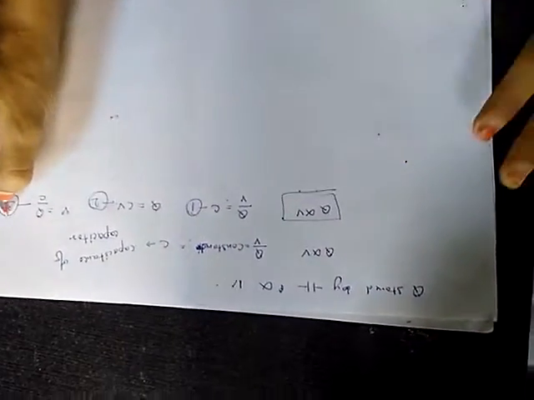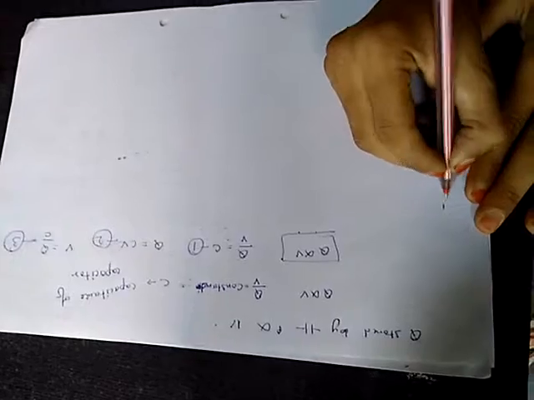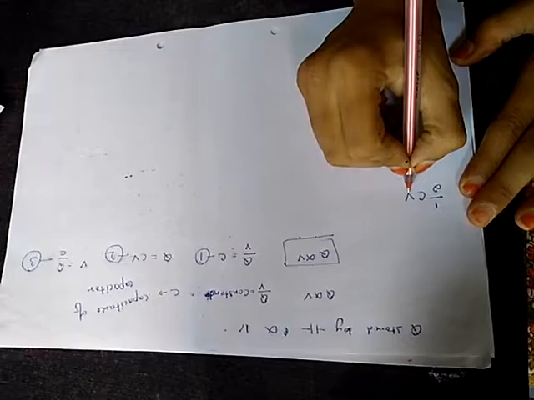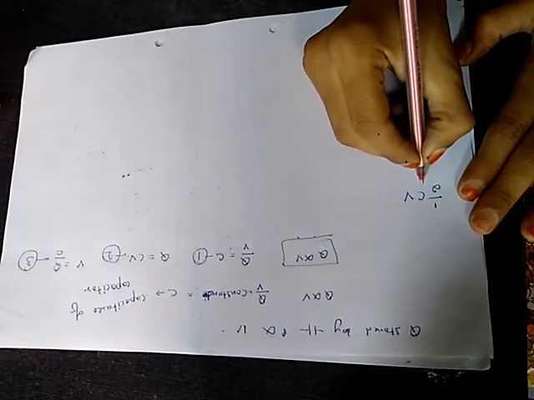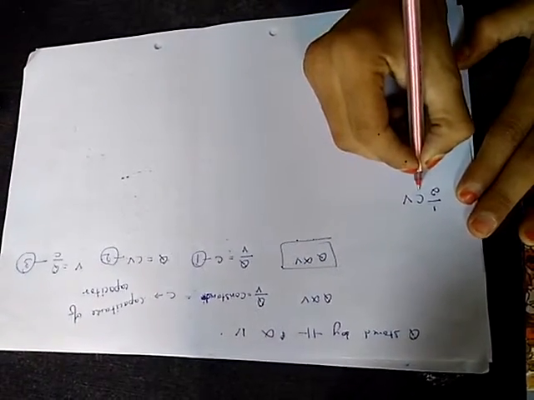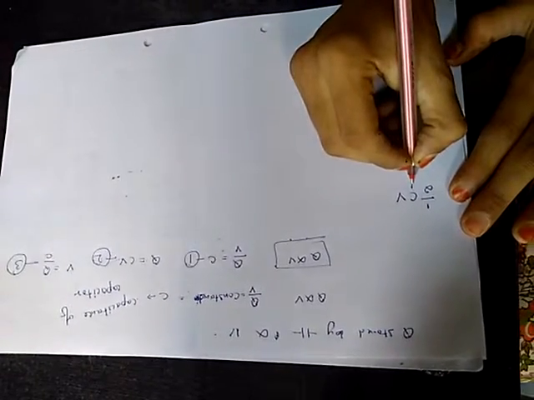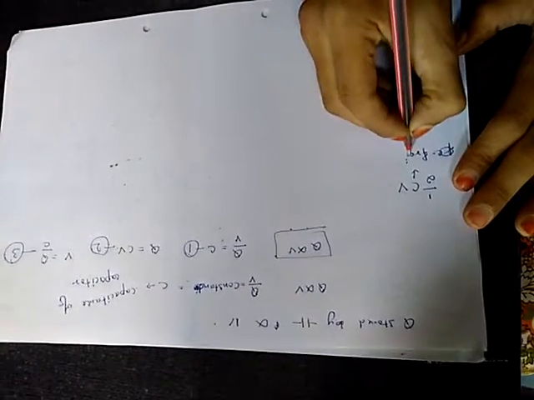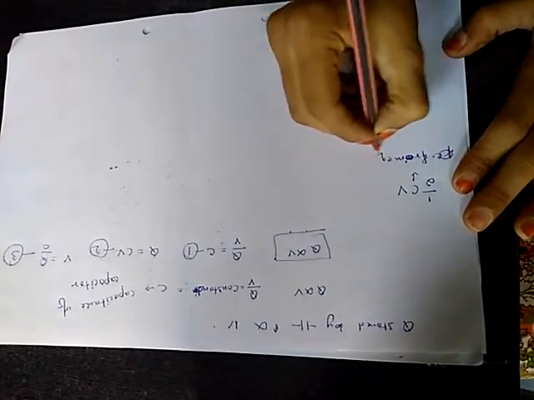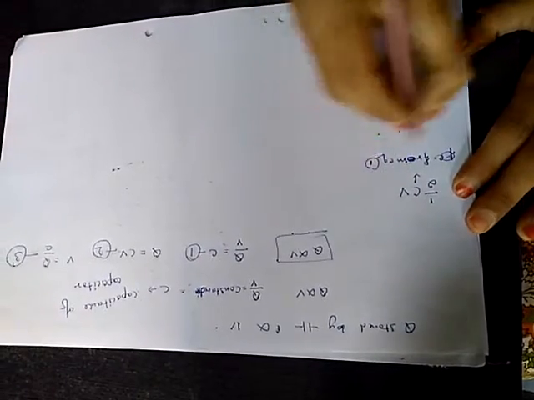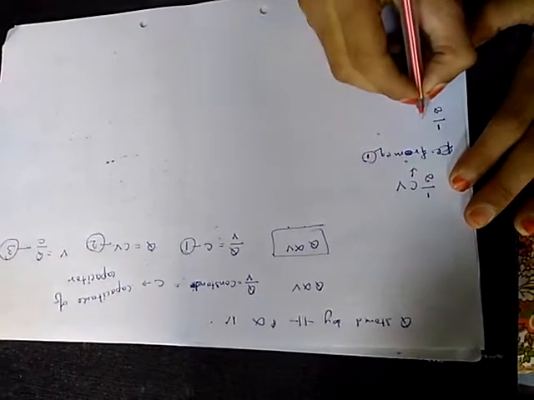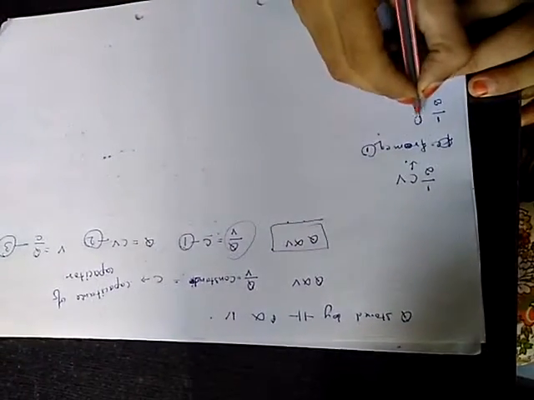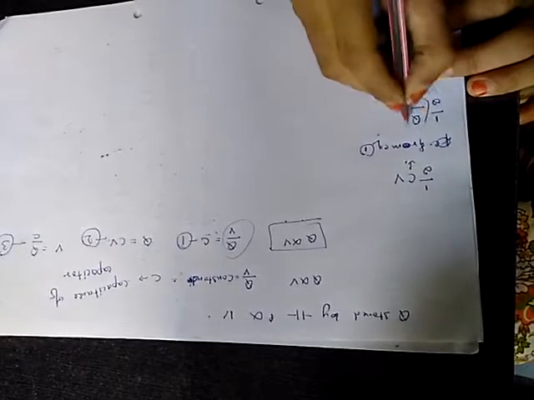First of all, the main basic is 1 by 2 CV square. We can also write this like: from equation 1 by 2 C, you can see this C is equal to Q upon V. Q upon V into V square.